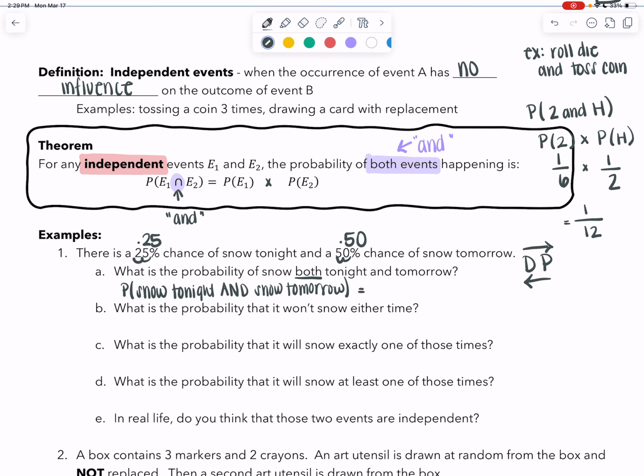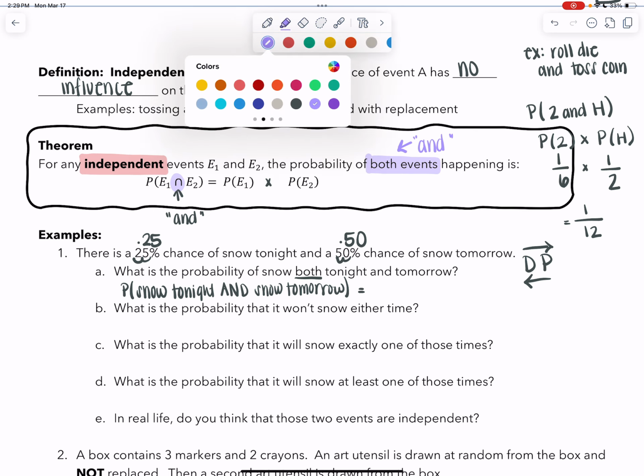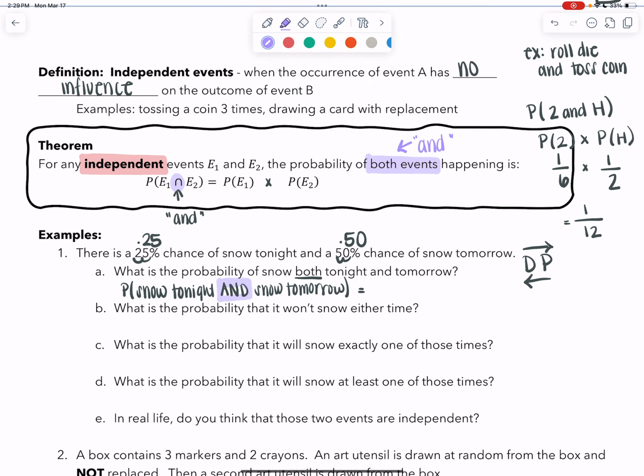Now, what our theorem says is if I want to find the probability of something and something else, I can just multiply those two probabilities. 0.25, because that's the probability tonight, times 0.5, because that's the probability tomorrow, and I get 0.125.